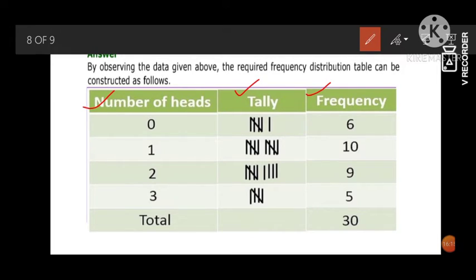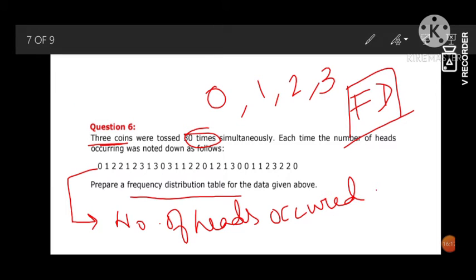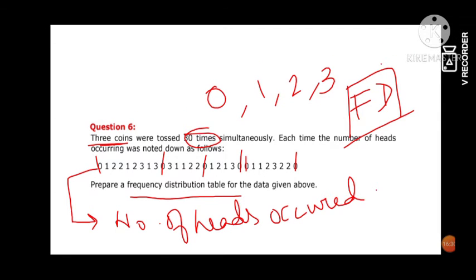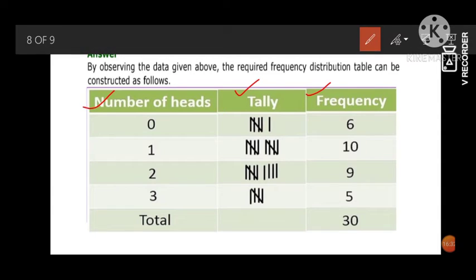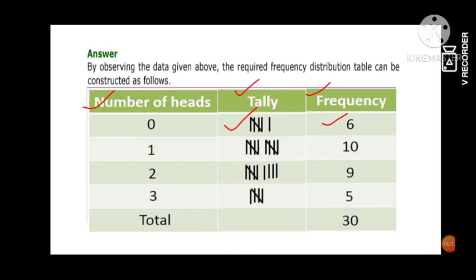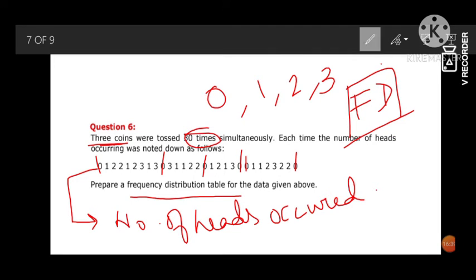So let us see how many of each number of heads we get. 0 number of heads: 1, 2, 3, 4, 5, 6. So 6 times we are getting 0 heads. You can see in the tally also we are writing 6. Then number of heads is 1. Let us see how many times 1 head we get. 1, 2, 3, 4, 5, 6, 7, 8, 9.